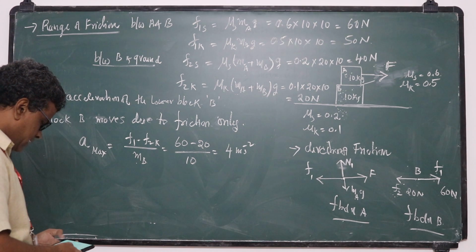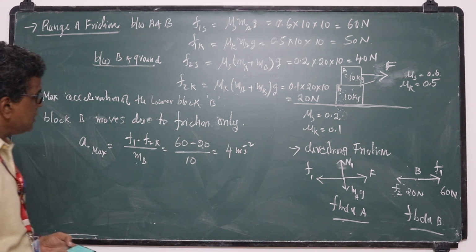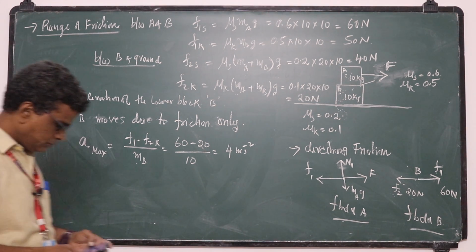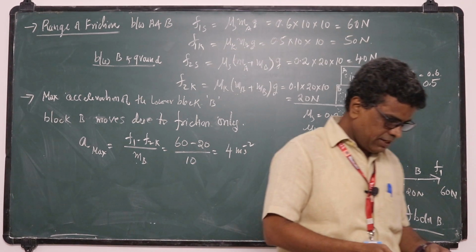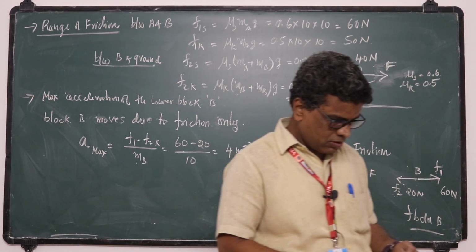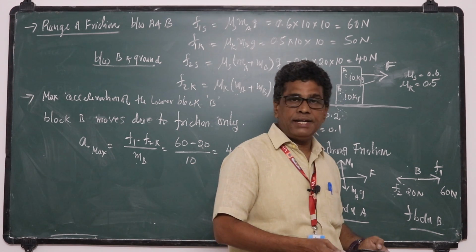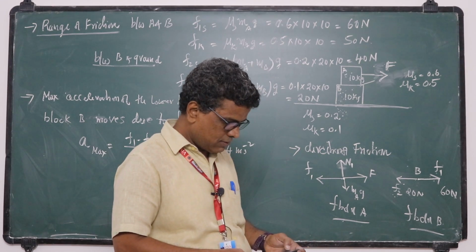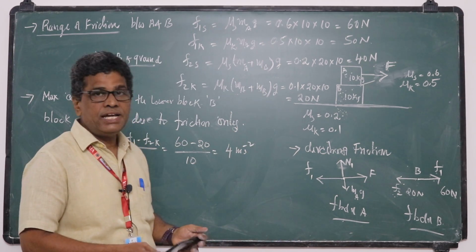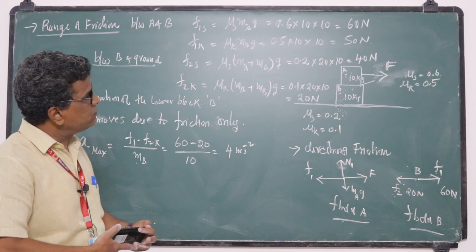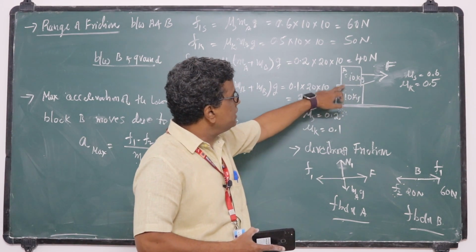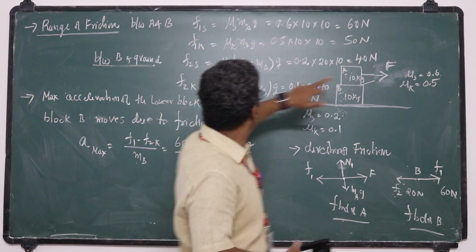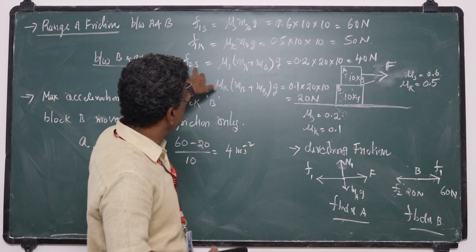So that is the maximum possible acceleration, and now the sequence of sliding. Let us see this sequence of sliding. The smaller the limiting frictional force, the sooner it will start sliding. So which one starts sliding first? That is the question. Between A and B the limiting frictional force is 60, and between B and the ground it is 40.